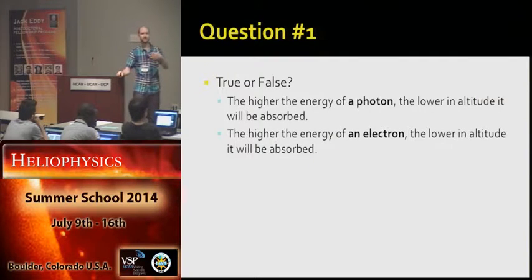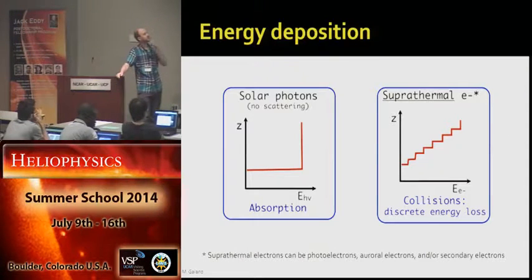Yeah, so it depends on the cross-section, and that's true for both of them, actually. They both depend on cross-sections. So the main distinction is that when you send a photon through the atmosphere, it has a certain energy, and at some point the photon is absorbed, and then it's gone. That's it.